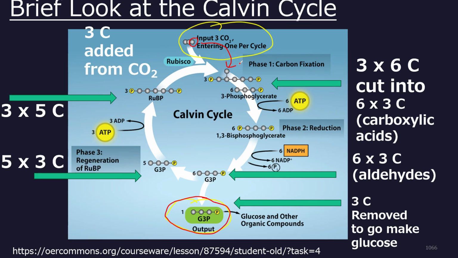If one leaves, we then get 5 G3P. That can rearrange. So 5 times 3 is 15, but we'll rearrange it to make 3 5 chains on the left, 3 times 5 is also 15. Keep the numbers the same. And then the cycle will repeat. It'll try to get another CO2 unit to attach on to make our 6 carbon chain.